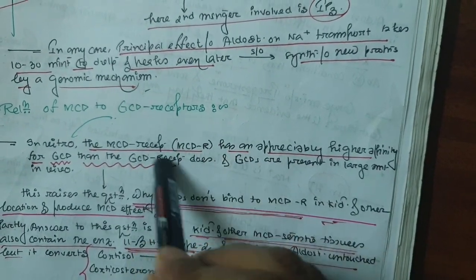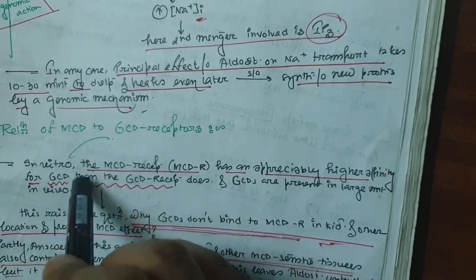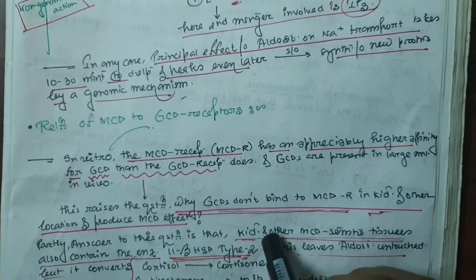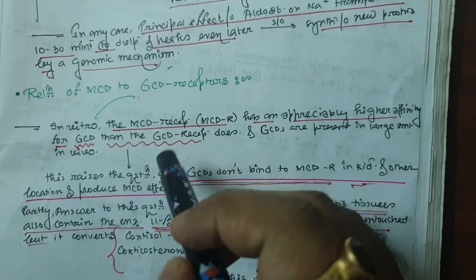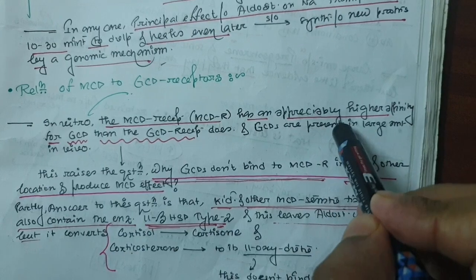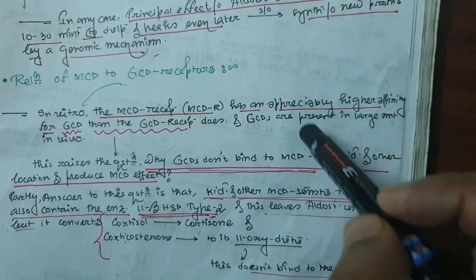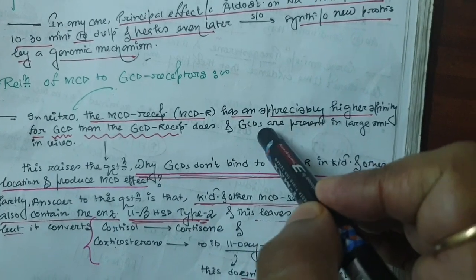Remember, maybe they are the mineralocorticoid receptors, but they have much more affinity to the glucocorticoids than to the mineralocorticoids. And the glucocorticoids are present in large amounts in vivo. Inside the body, the glucocorticoid concentration is much more than the mineralocorticoid.